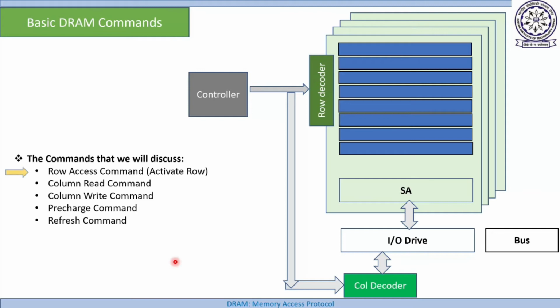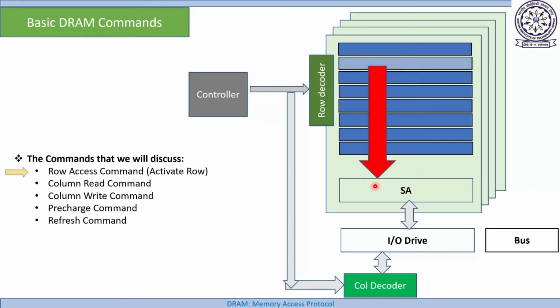So first, let us discuss the row access command. You know what a row access command is, right? To perform a row access command, first of all, the controller will send the command from here to here. So it will take some time. I already said that it's a fixed time, tCMD. Once the controller sends this command here, it will activate a row.